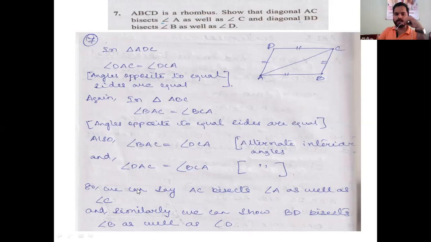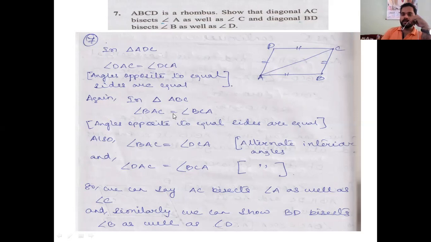So DAC is equal to DCA. Okay. Again in triangle ABC, if you consider, here also same. These two sides are equal. So angles opposite to equal sides are equal. So I can say BAC is equal to BCA.